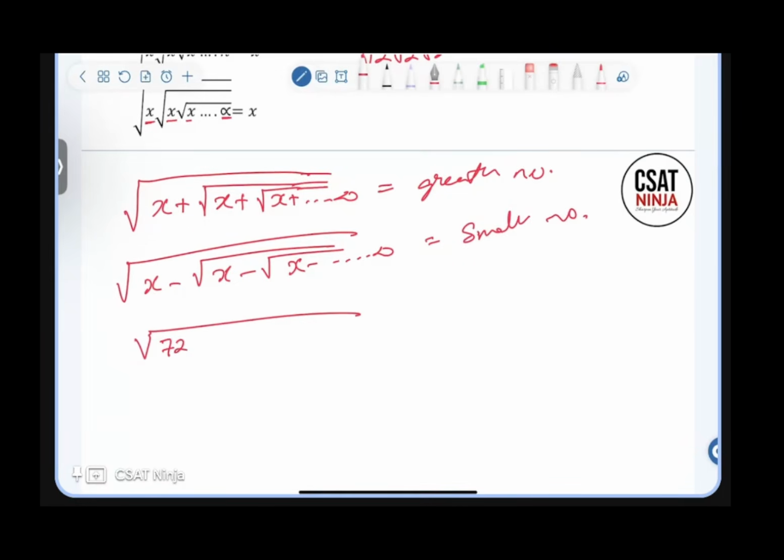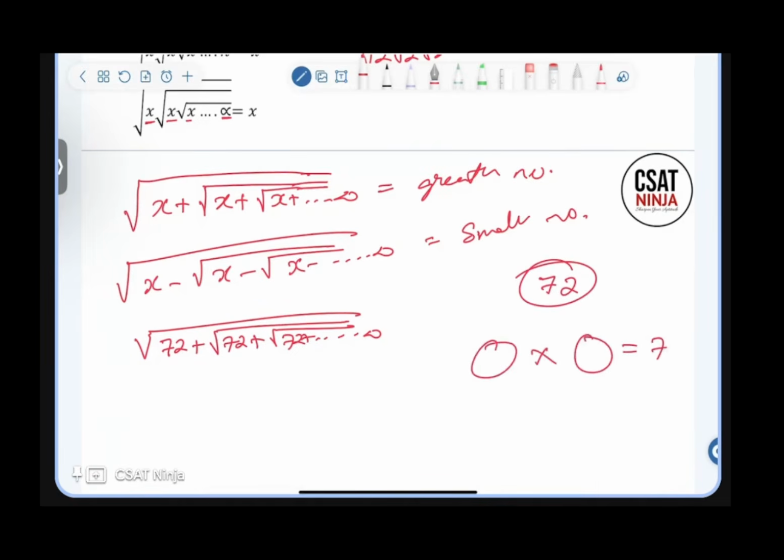72 plus root over 72 plus root over 72 and so on till infinity. If you see this kind of fraction, first thing what you do is you need to find two numbers which, when multiplied, give you 72, but when subtracted, should give you 1.